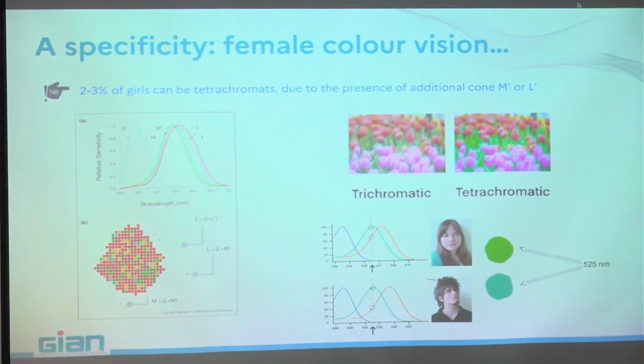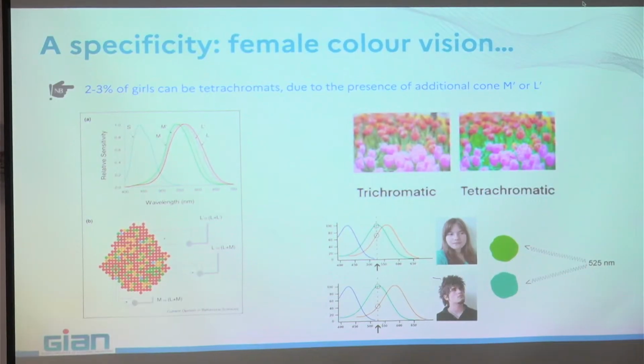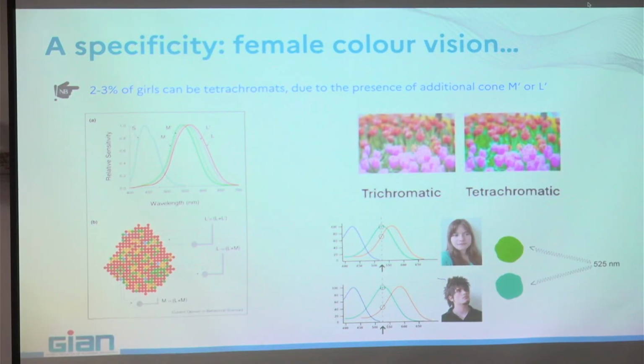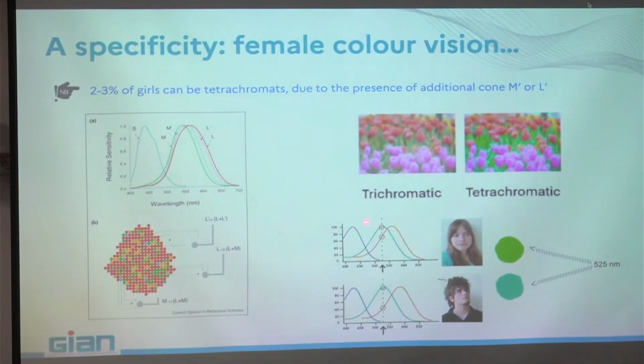Because human beings have 3 cones. Ladies, 5% of the ladies may have 4 cones. They are quadrichromats. The second cone can be nearby the green one, and you see here you may have an additional M cone or an additional L cone, never both, or no one knows about that.